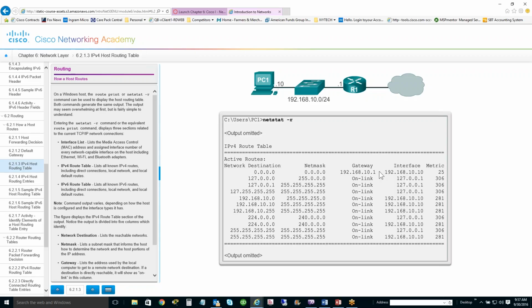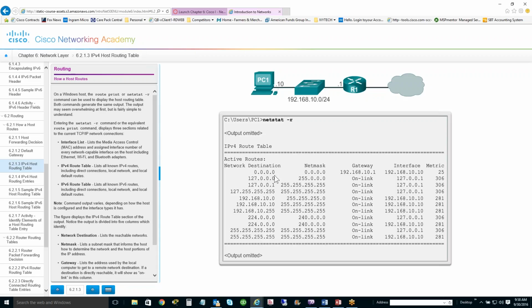So this is how your PC determines what to do with a destination address on a remote network. So it knows to route it to the 192.168.10.1 gateway out its interface of 192.168.10.10. So that PC is saying, okay, I got a packet that needs to go outside my network, and I want to say, okay, well, where's that network at?